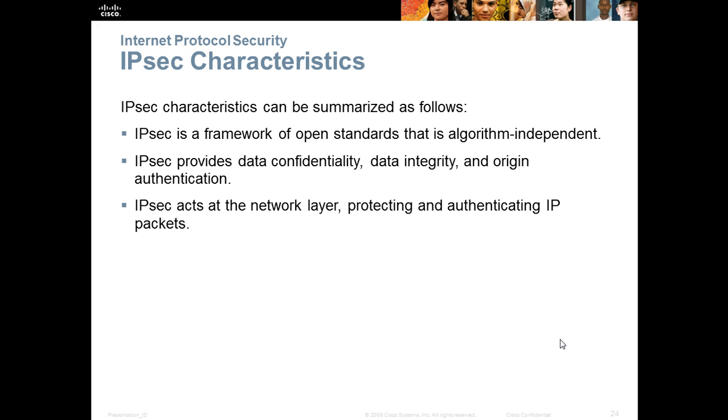IPsec characteristics can be summarized as: IPsec is a framework of open standards that is algorithm independent. IPsec provides data confidentiality, data integrity, and origin authentication. IPsec acts at the network layer, protecting and authenticating IP packets.